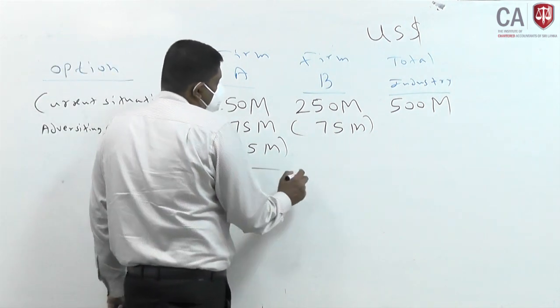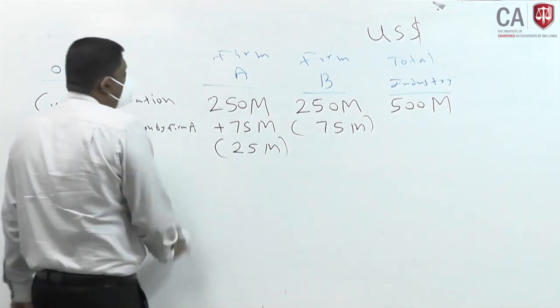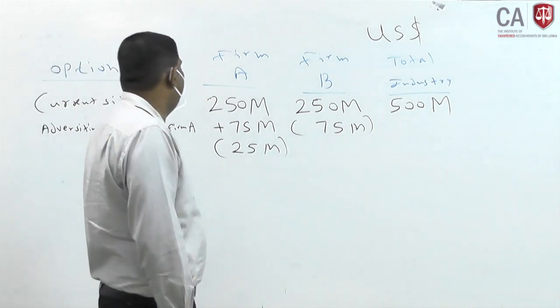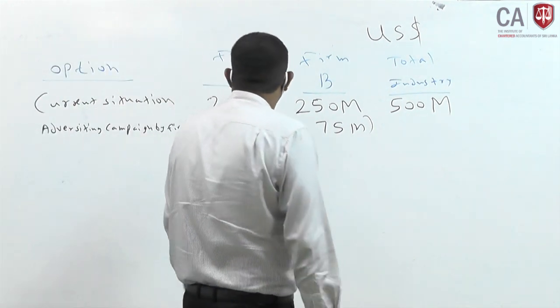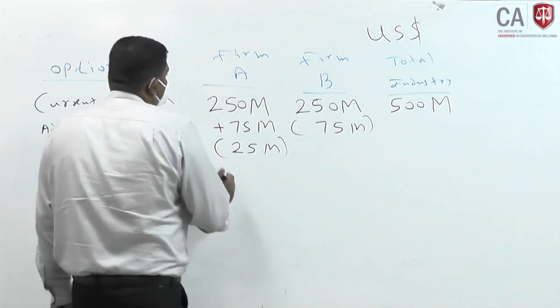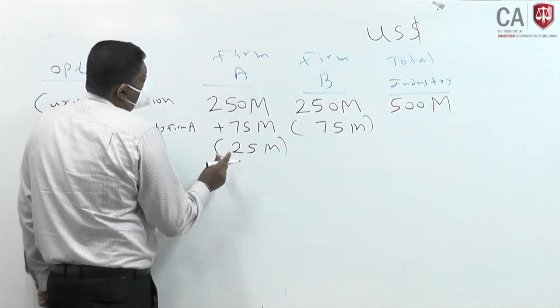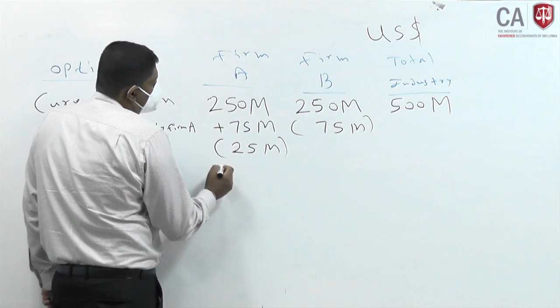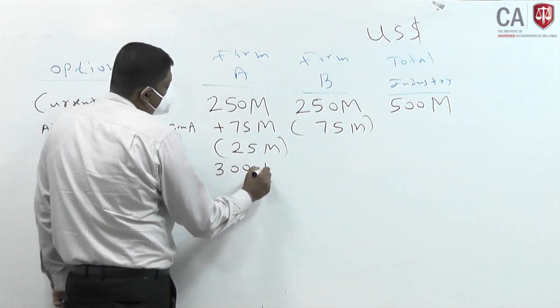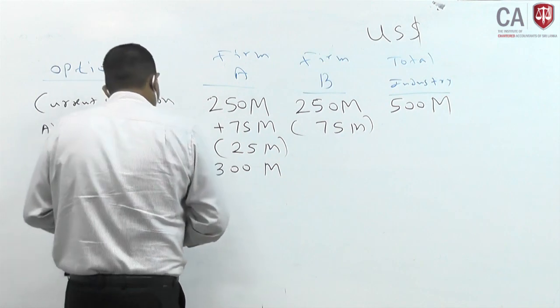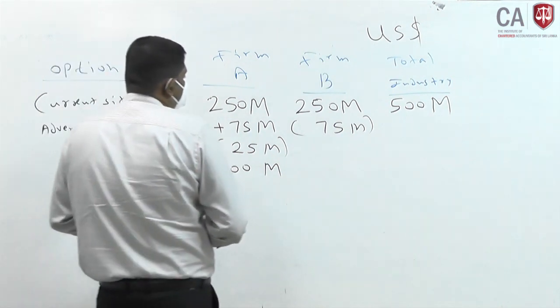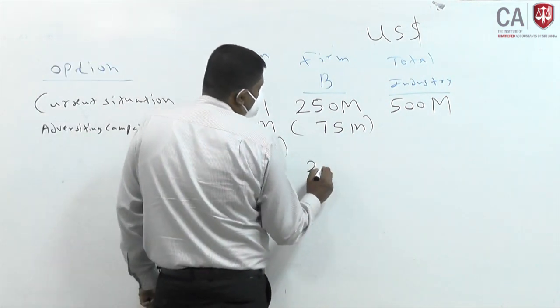So, then what happened? What happened to the firm A income? That will be 300 million income, 300 million income, but here 225 million.